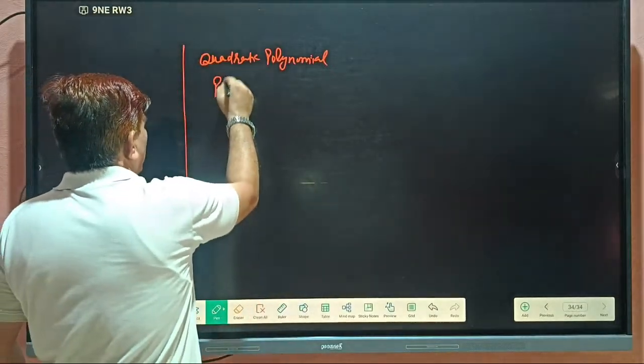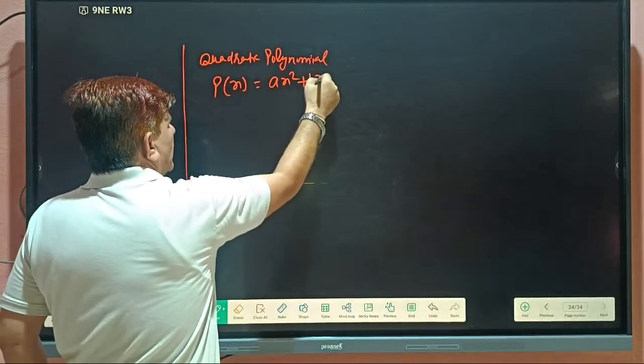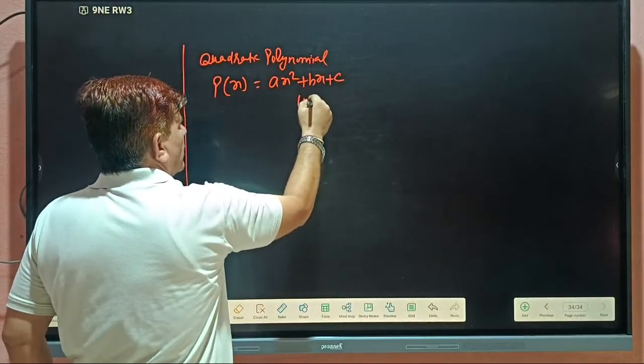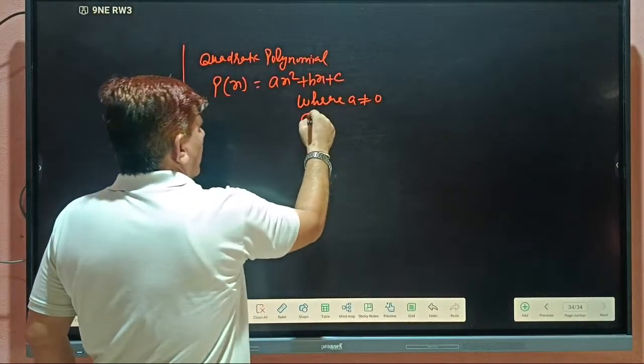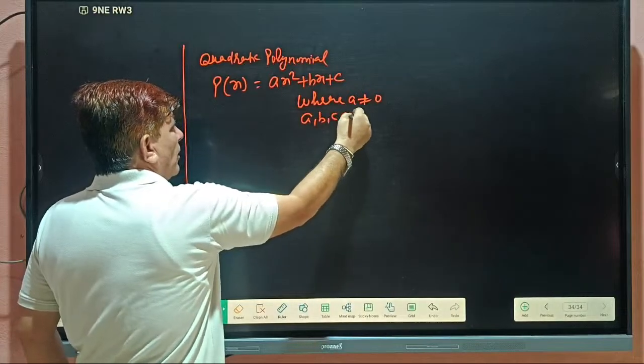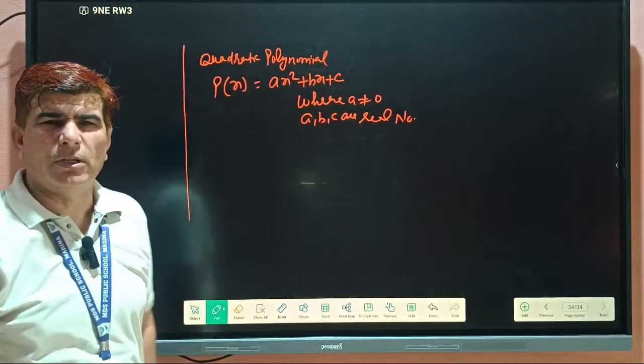The standard form is p(x) = ax square plus bx plus c, where a is not equal to 0 and a, b, c are real numbers.